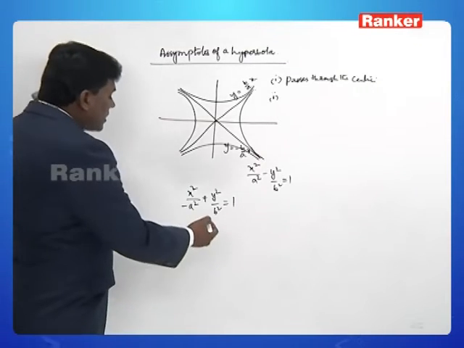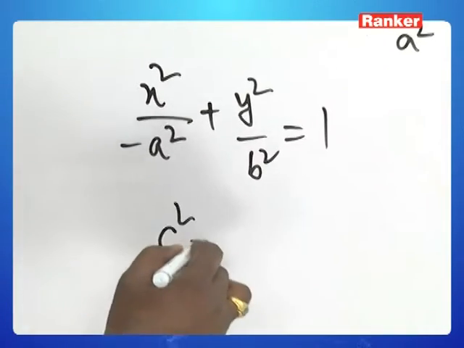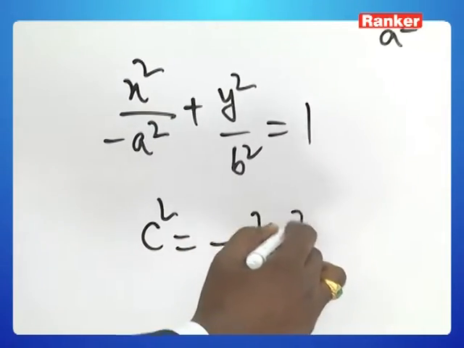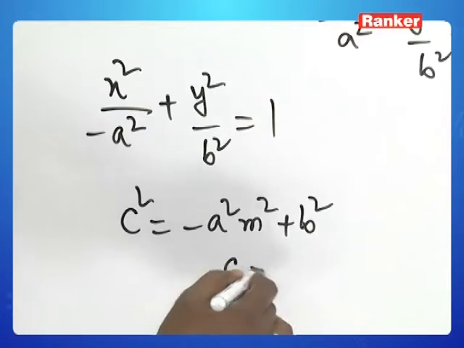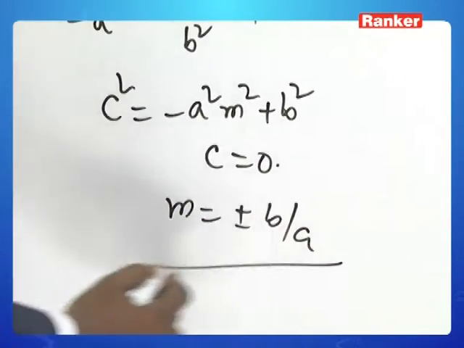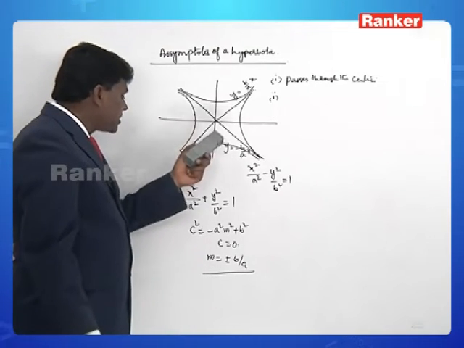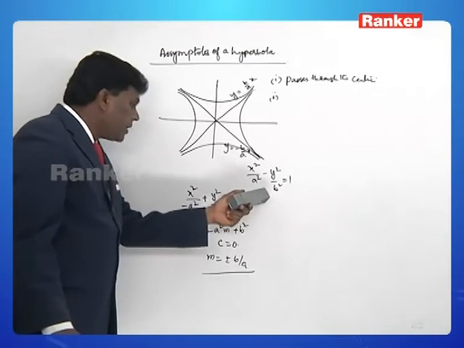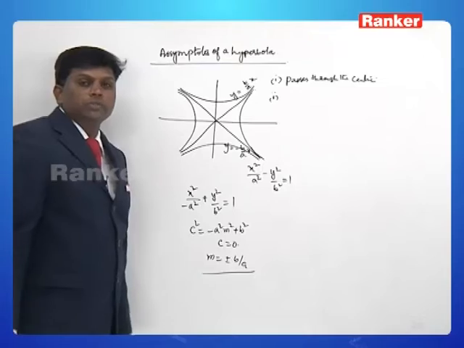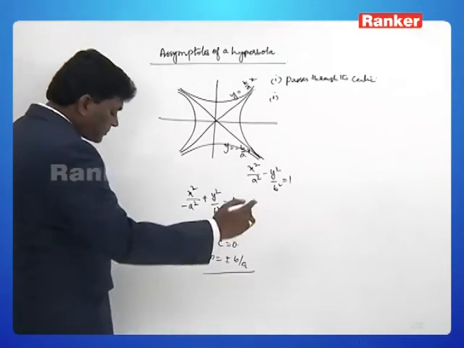And if we take the previous condition c square equals to minus a square m square plus b square, and in this substituting 0, m will come as plus or minus same b by a. That means asymptotes are coinciding for a hyperbola and its conjugate hyperbola also. Both will have the same pair of asymptotes.